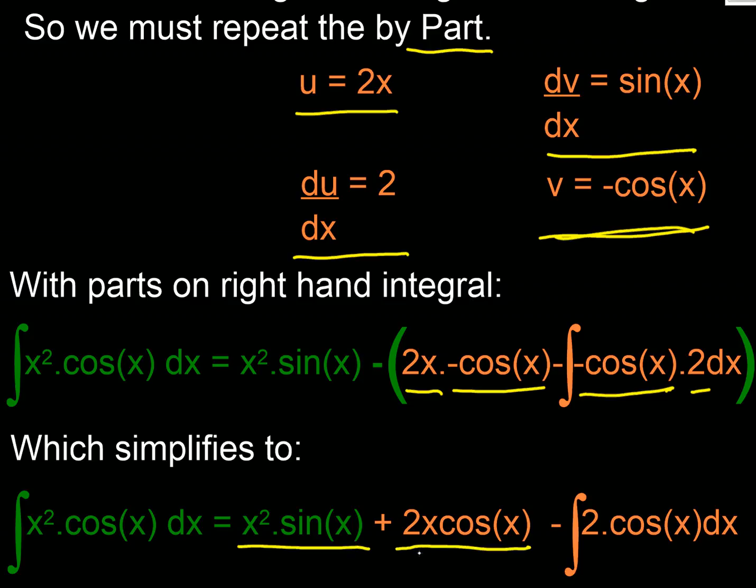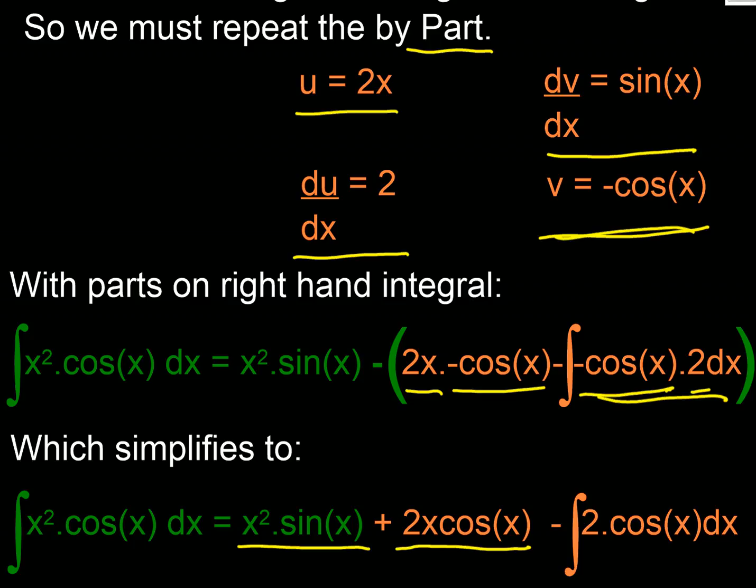We've got our second by parts uv there, two minus signs to multiples of minus, so that's going to become a plus 2x cos x, and then our integral, our final term here. Now our 2x just turned into an x here, hasn't it? So we've effectively got two lots of cos of x, and we had three minus signs here, so minus times a minus 1 is all going to be a minus 1.